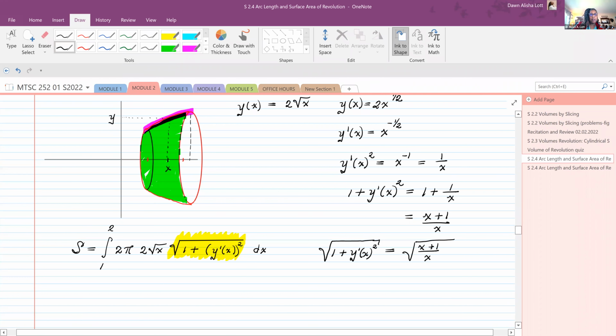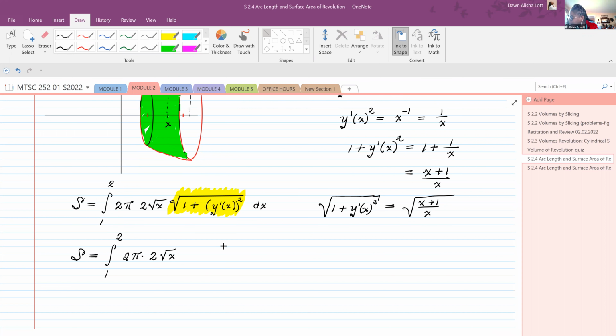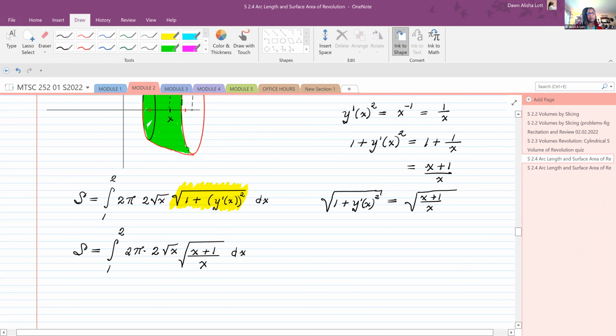Okay, so now I get that surface area S is the integral from 1 to 2 of 2 pi, I have 2 times the square root of x, and I'm going to put this thing in as the square root of x plus 1 divided by x. Well, that really is rather nice because this term simplifies.